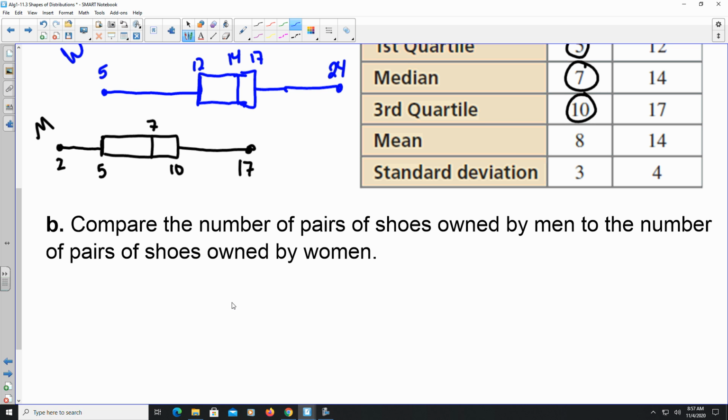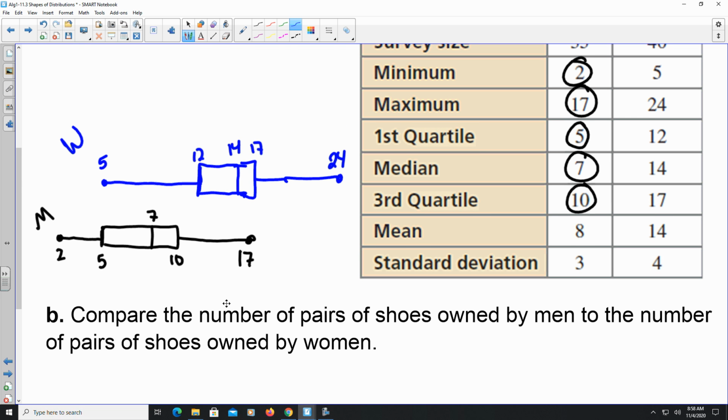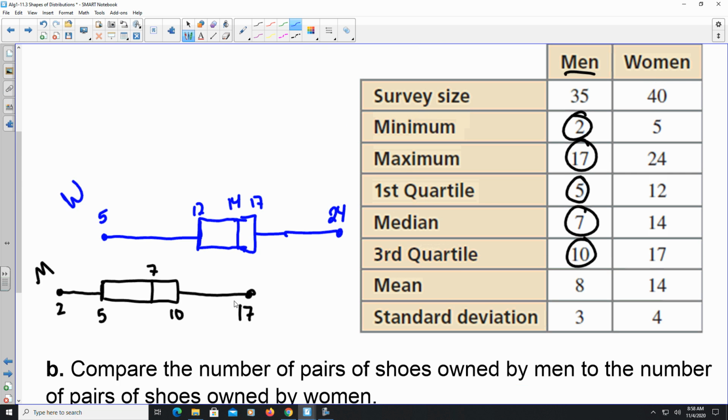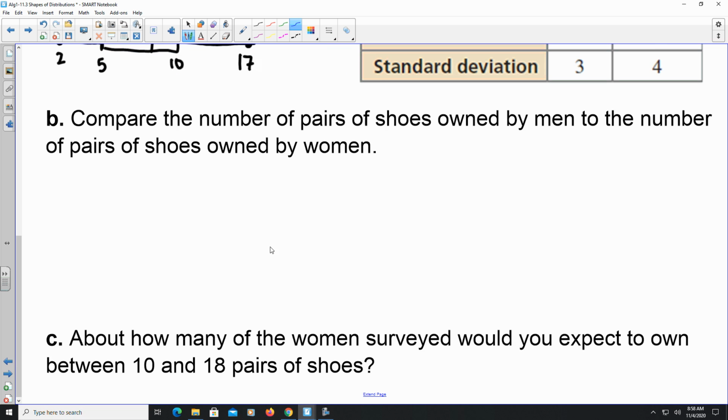If you look at it, the mean for women is twice the mean for men. It's even twice the median. So there is more of a variation in numbers of pairs of shoes owned by women. That's the comparison I would make from the data here and from the box and whisker plots.